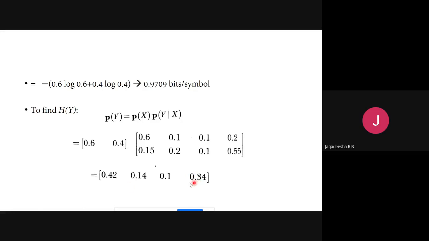These are the probabilities of occurrence of the output, y1 to y4. Probability of y1 is 0.42, probability of y2 is 0.14, probability of y3 is 0.1, and probability of y4 is 0.34, and so on.